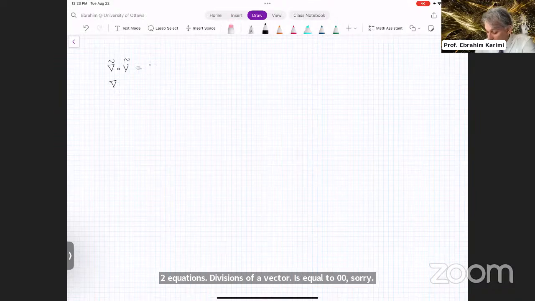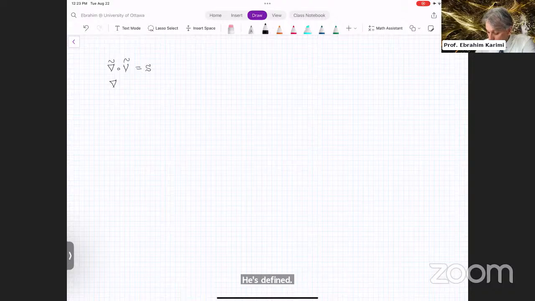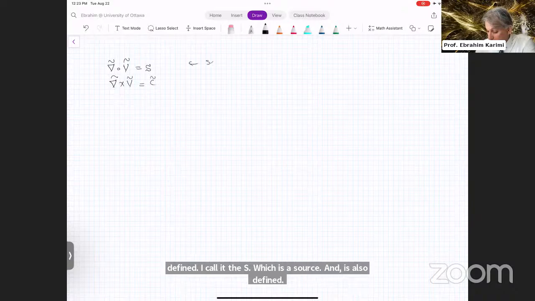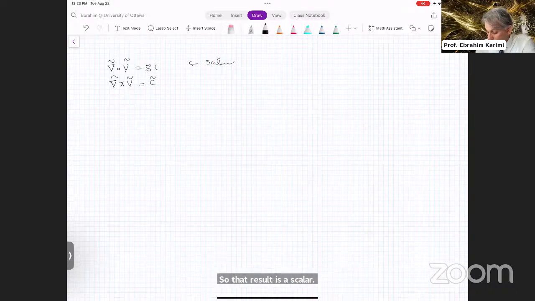I call it S, which is a source. And the curl of a vector is also defined. So that result is a scalar, which is a function of coordinate. It can be a function of R. That's a vector, which is a function of R as well.